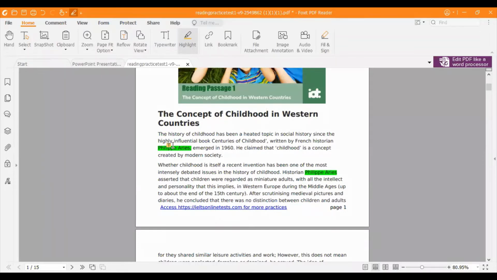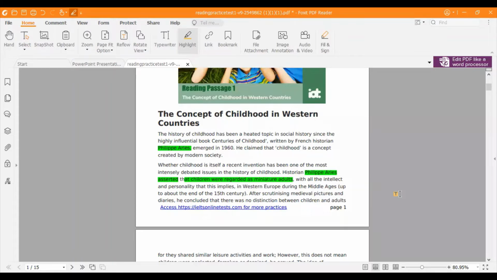Here, for example, you read this area. Okay, Philip Iris emerged, like he claimed that childhood is a concept created by the modern society. This information isn't what we need, no problem. So this one is finished. Let's look at the second area: Philip Iris asserted that children were regarded as miniature adults, with all the intellect and personality that this implies.